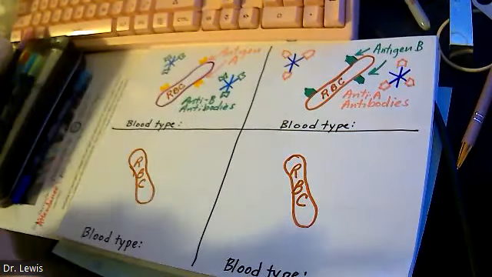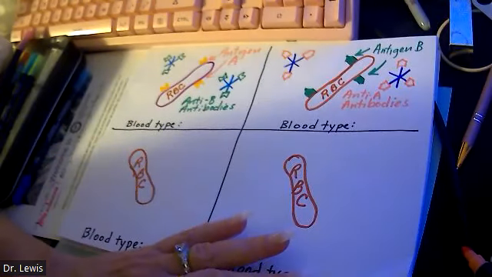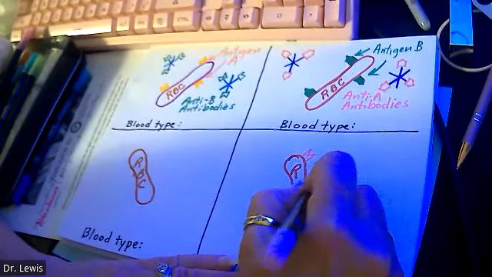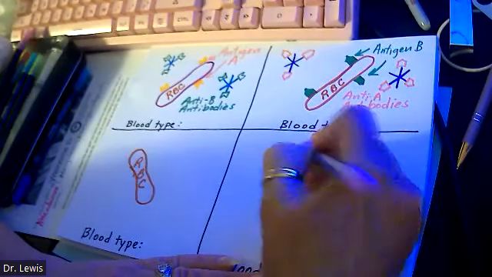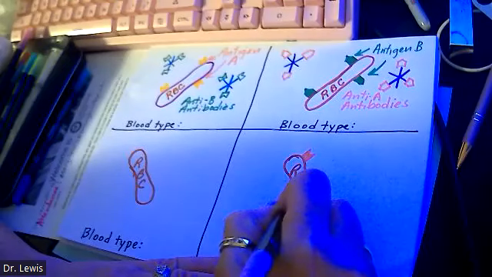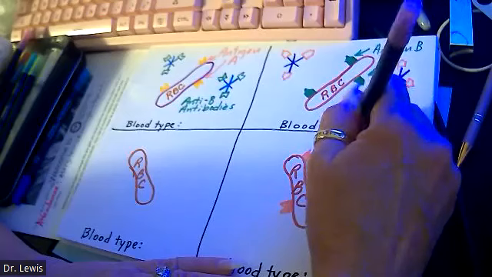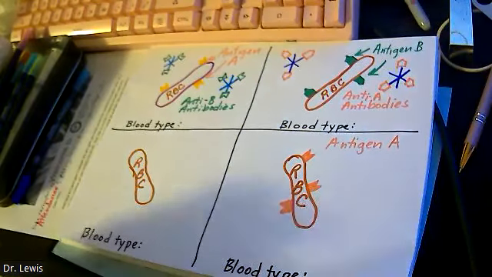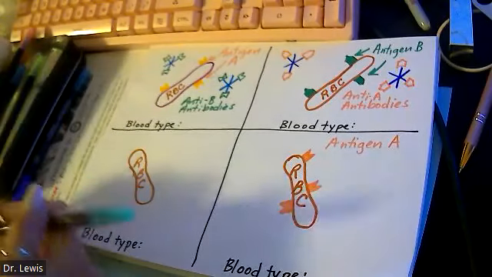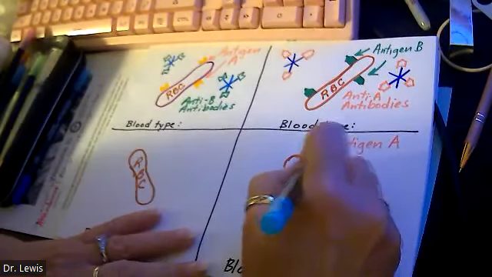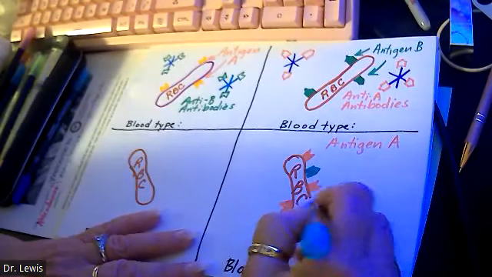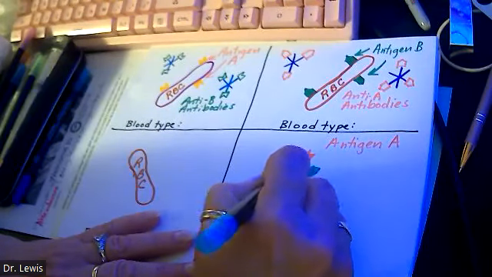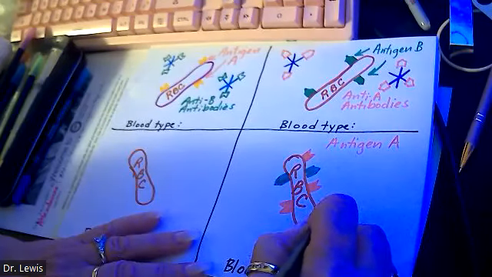Let's create a red blood cell here with antigen A and antigen B. There's antigen A. Let's put antigen B. A little bit wonky, but hey.